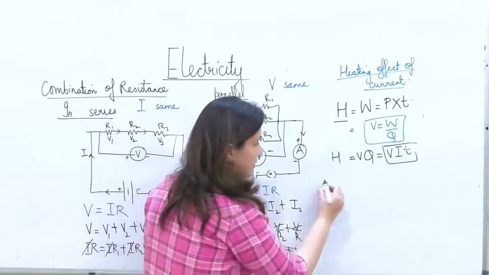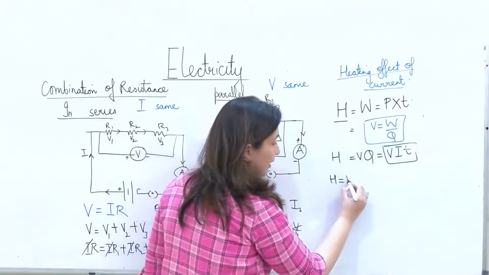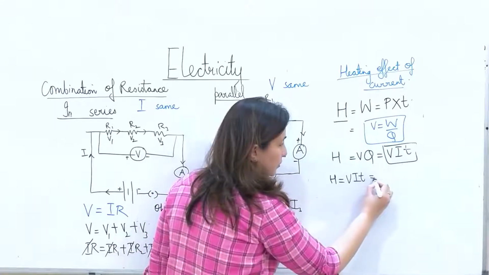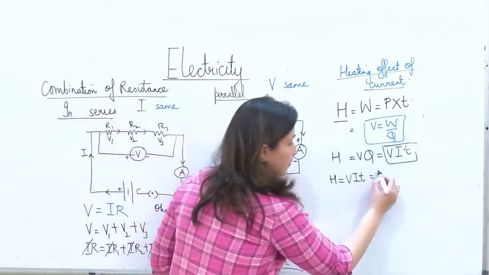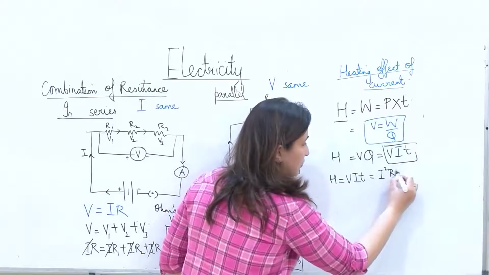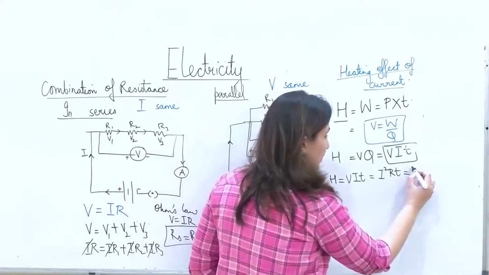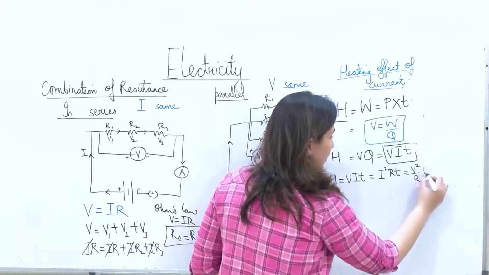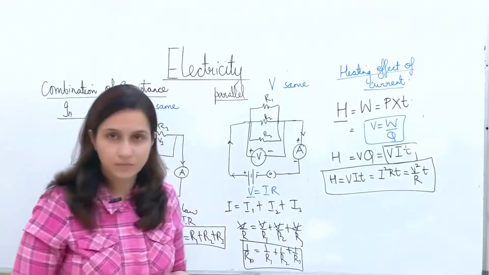So H, that is heat energy. Work done is a form of energy. So we have a formula, H equals VIT. If I put the value of V equals IR, then it will be I square RT. If I put the value of I, that is V upon R, then it equals V square upon R into T. So these all are the formulas of heat energy.